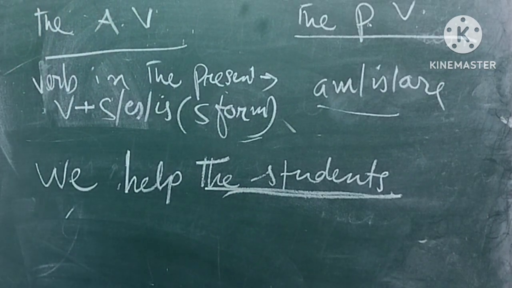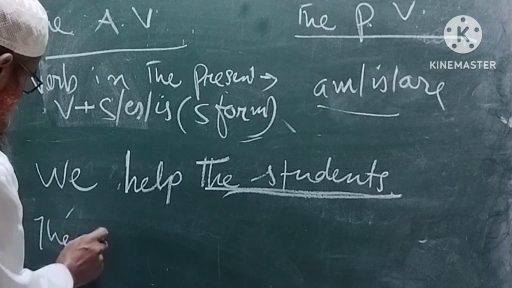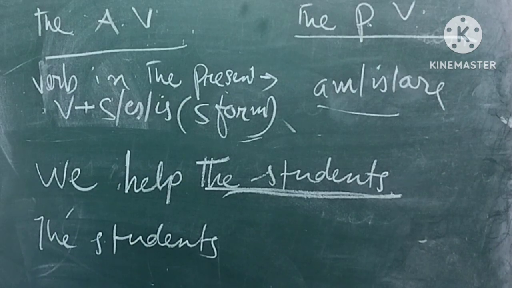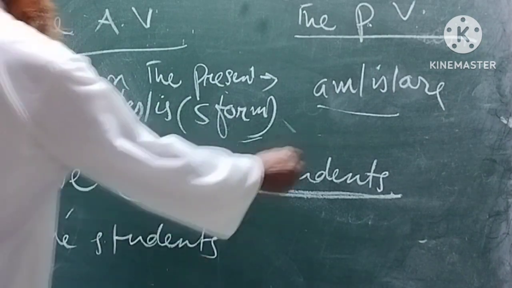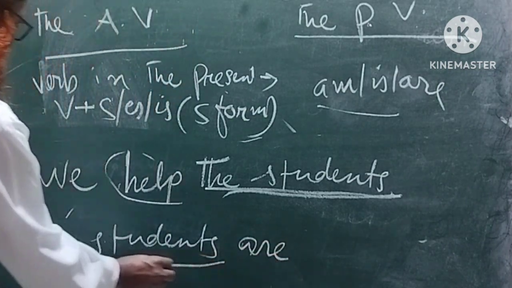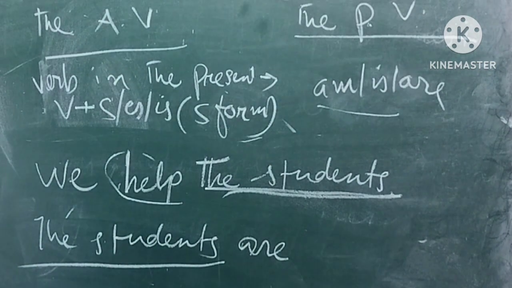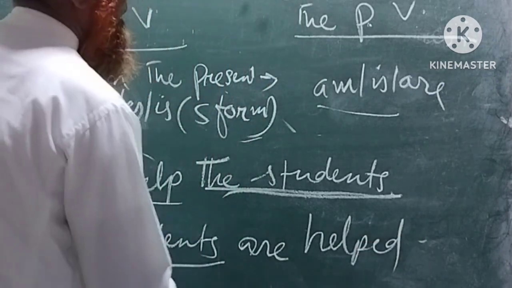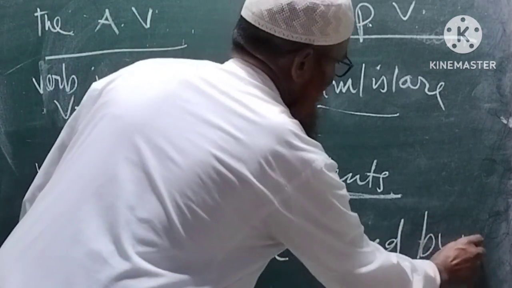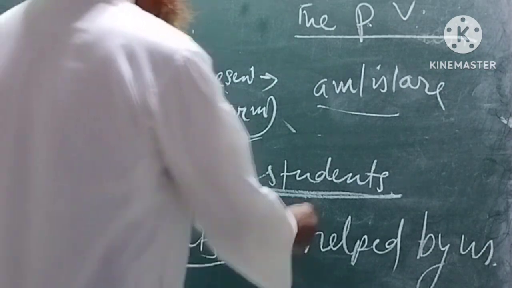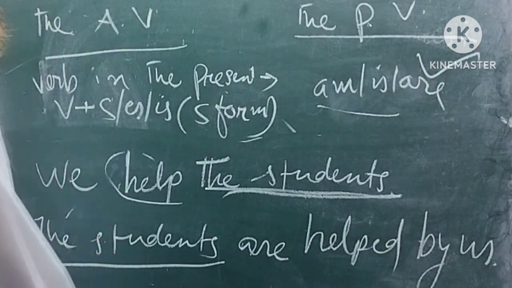It will become the subject, the students. From am, is, are, here are will come because the subject is plural number. The students are helped by us. Here from am, is, are, are has come.